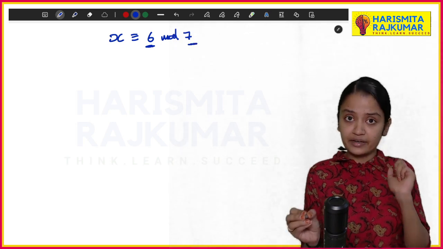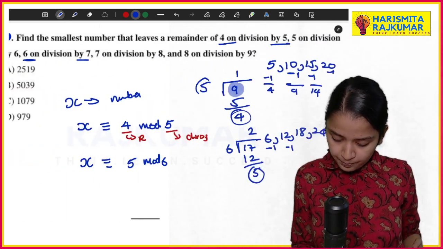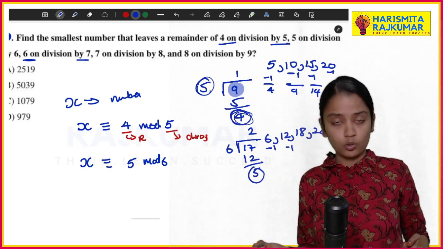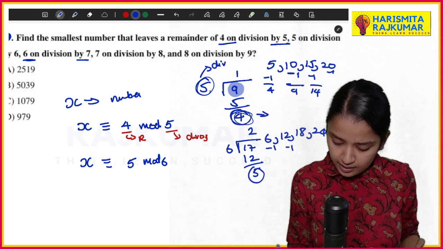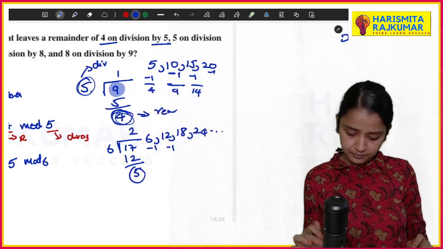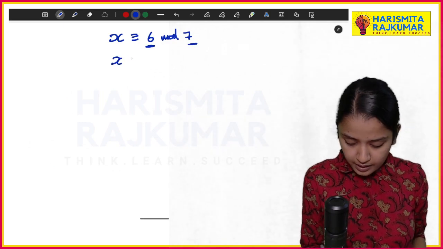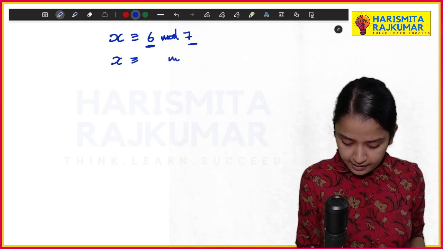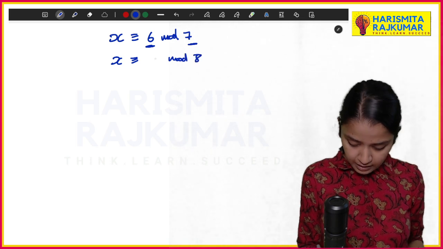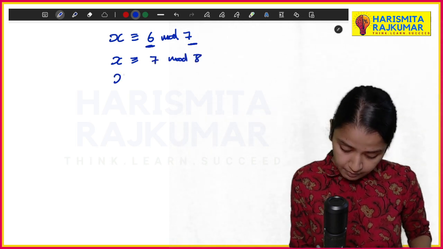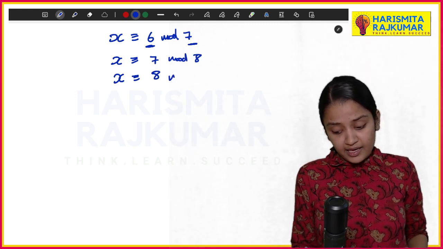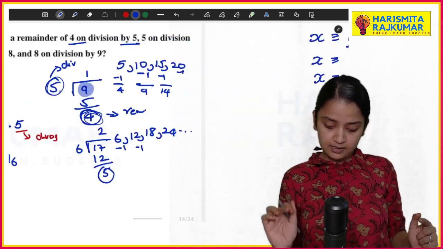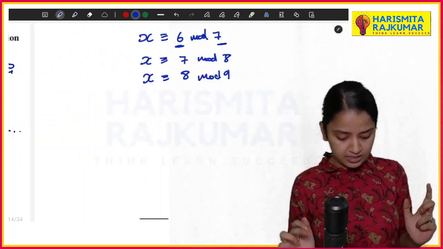Now the same number, if I divide by 8, I get remainder 7, and if I divide by 9, I get remainder 8. So which is the smallest number?